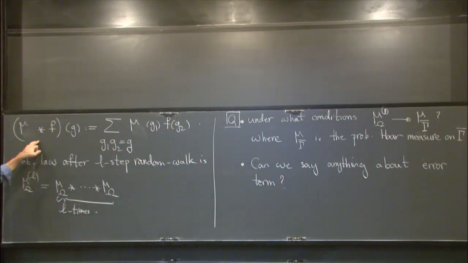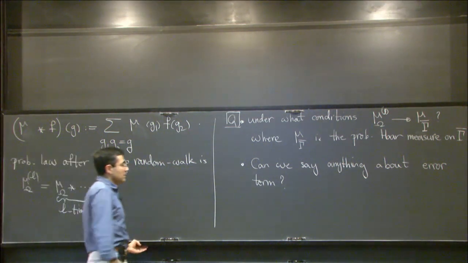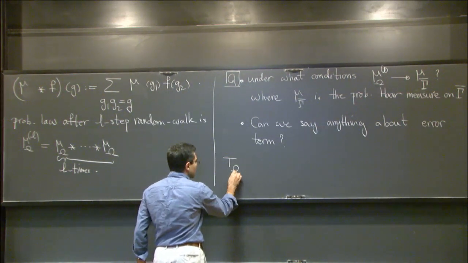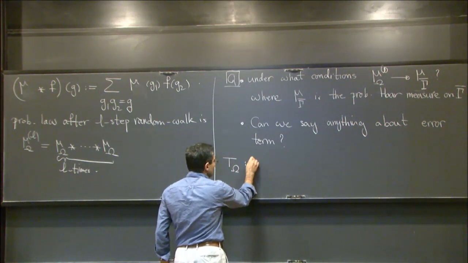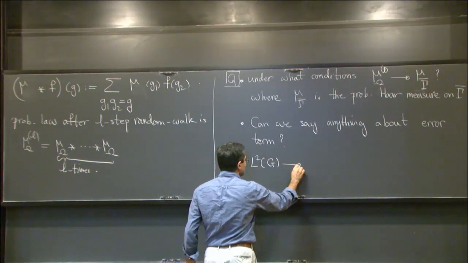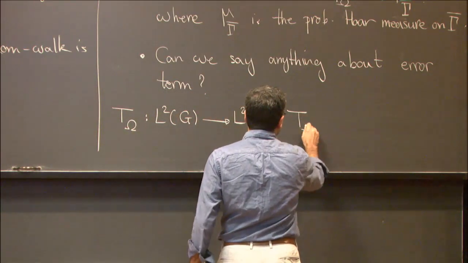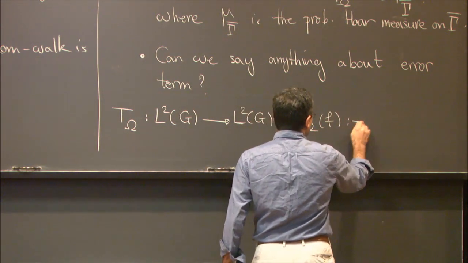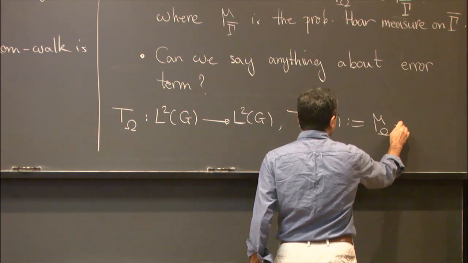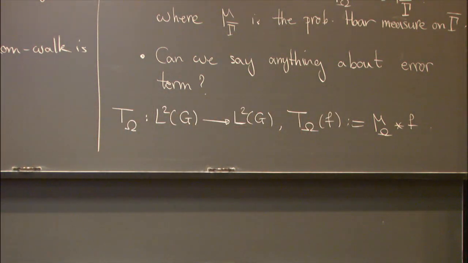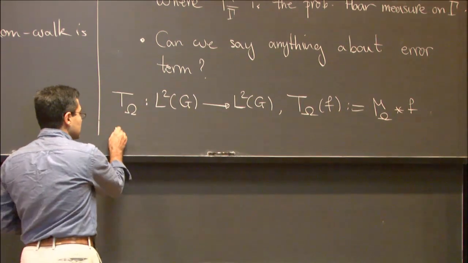Let's come back to this operator and think about it as an operator on L2 of G. T omega from L2 of G to L2 of G, where T omega F is the convolution of this measure and F. So when I want to understand the random walk, I have to understand the L-th power of this operator.